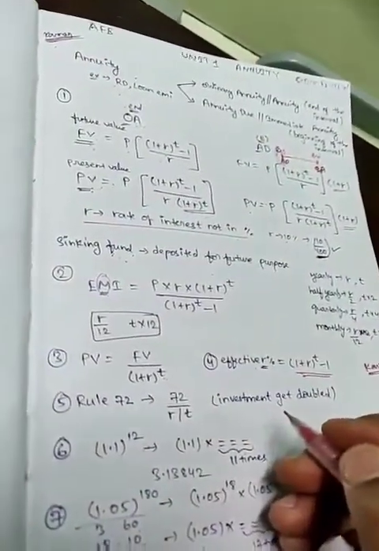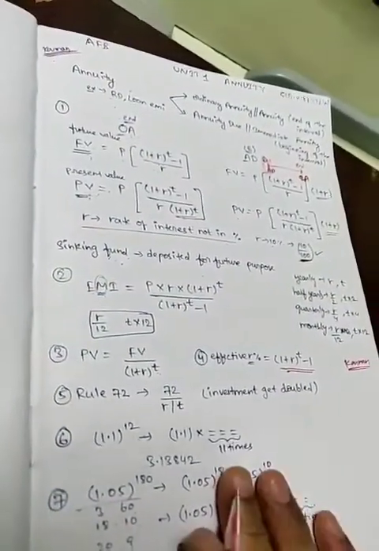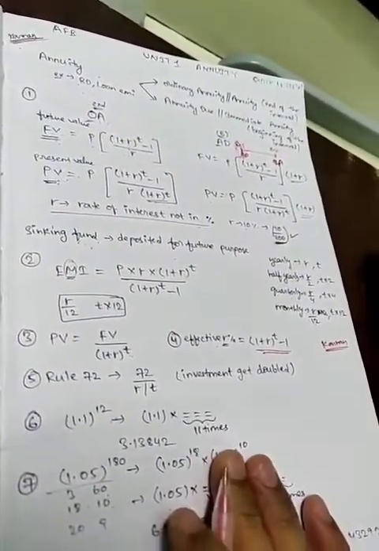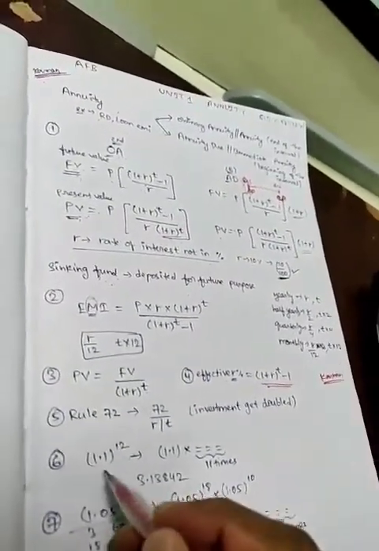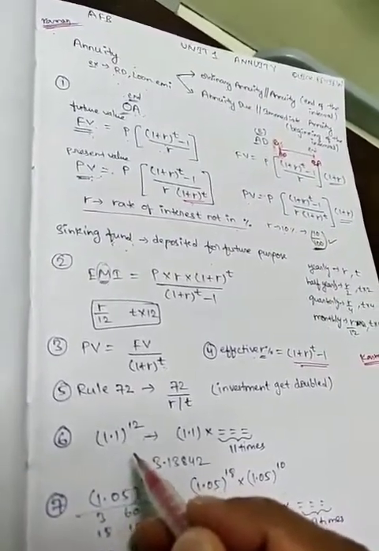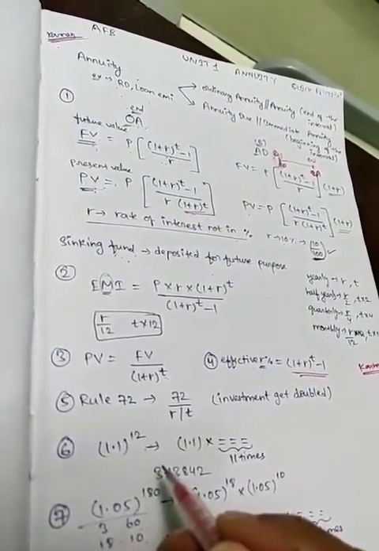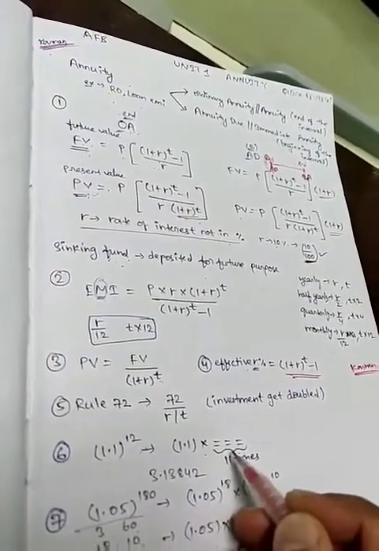Our next part is the most crucial part: the usage of the calculator. Now we try this one, 1.1 whole power 12. For this, first we enter 1.1 in the calculator, then the multiplication symbol and the equal symbol, 11 times.